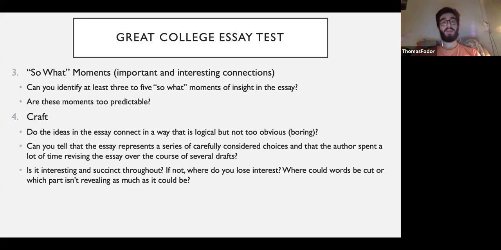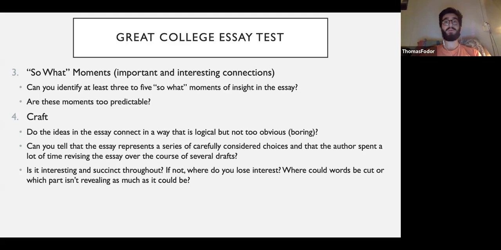If you look at, even endodontics and with debate, you can see that the authors there had to go through a series of careful choices in order to talk about what they're going to put into the essay, what they're going to leave out of the essay, how they're going to talk about what they're going to include in the essay. Those are choices that are hard to make well in just one sitting. That's why revisions are so important, and that comes out in the final product of your essay.